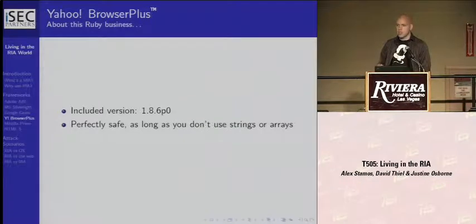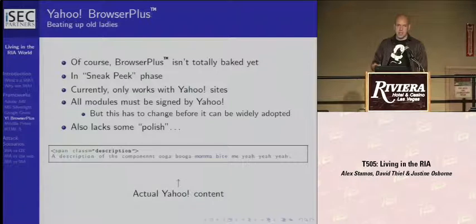Precaution to developers: as long as you don't actually develop any applications using arrays or strings, you're perfectly safe. It's not something that was hanging out there for a really long time, but that's a really old version of Ruby, so it doesn't seem like there's been a lot of focus on keeping this stuff up to date.